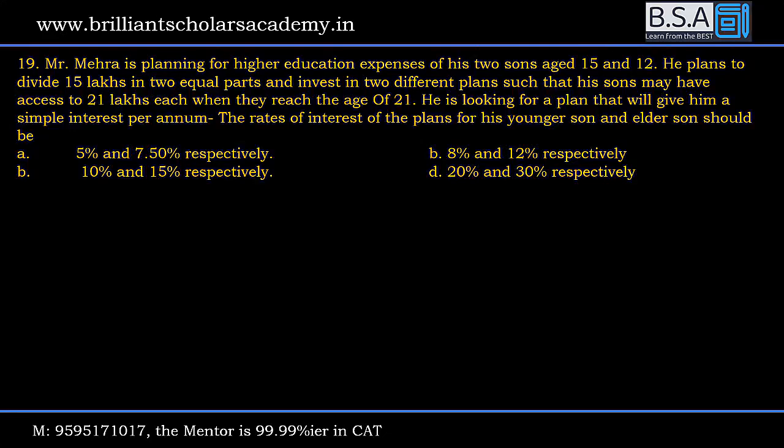He is looking for a plan that will give him simple interest per annum. The rate of interest for the plans for his younger and elder son should be... Be very careful with values here.